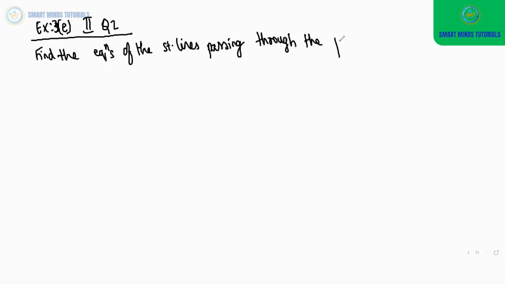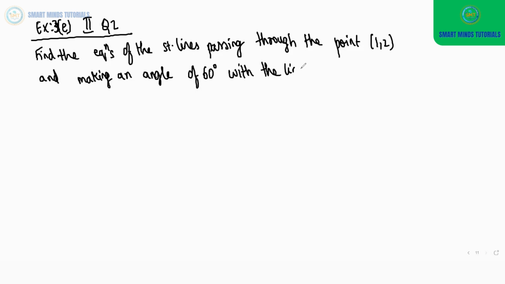So the question is, find the equations of the straight lines passing through the point 1, 2 and making an angle of 60 degrees with the line root 3x plus y plus 2 is equal to 0.